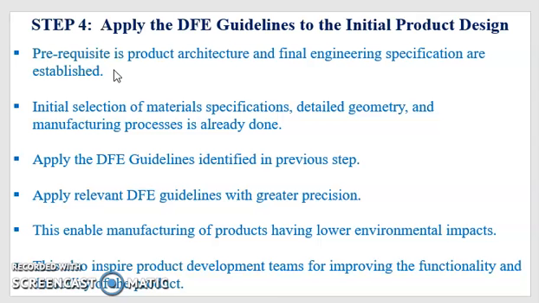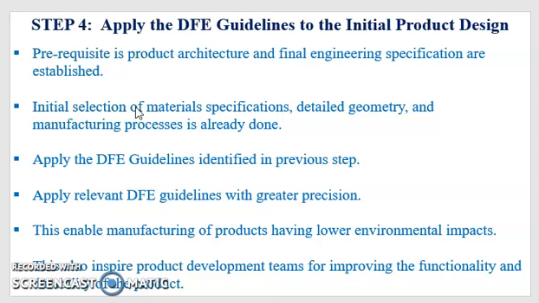Once the product architecture or final engineering specifications are established for a product, the DFE guidelines selected in previous steps are applied in the product design and development process. The final engineering specification enables selection of material, detailed geometry, and manufacturing processes associated with a product.